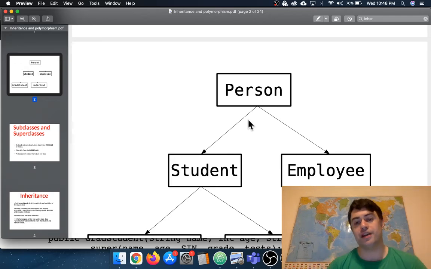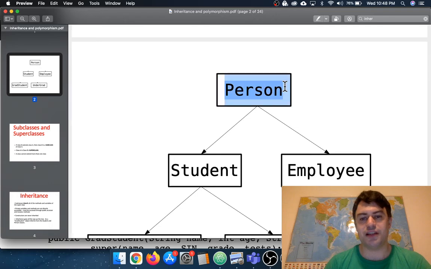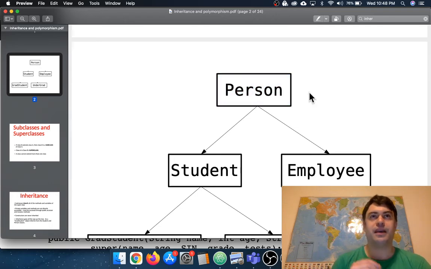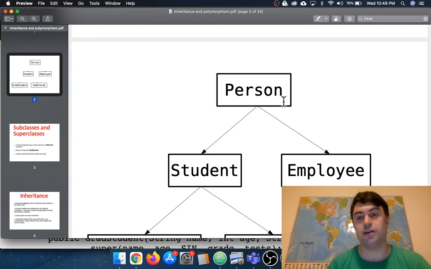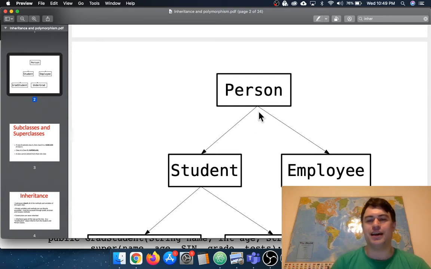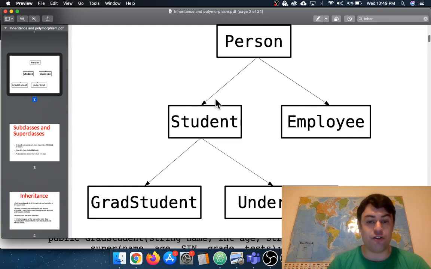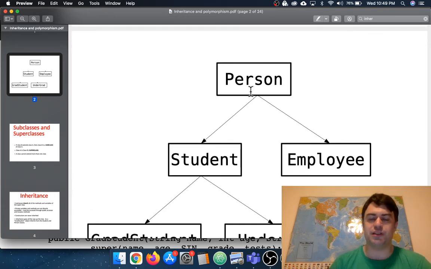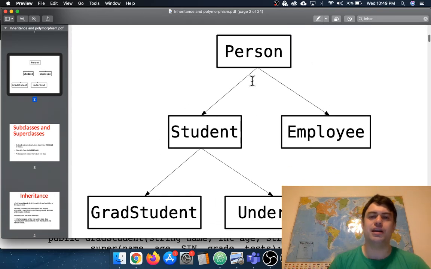Also, another advantage of this is for the person class, if you wanted to add something, like maybe you wanted to add a field for what is their gender, a field for what's their favorite animal, I don't know, whatever you want to do. If you add it to person, then it gets added to all these other classes too. The superclass, if you make a change to it, it propagates down into all the other classes.